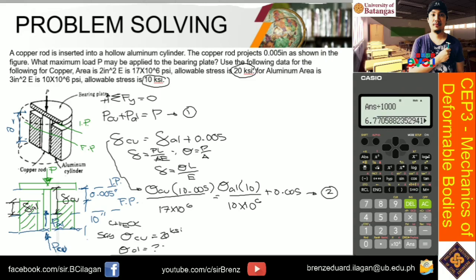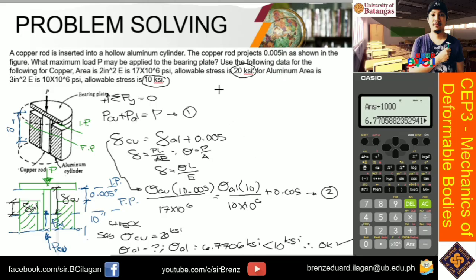Okay, so the answer for aluminum will be equals to 6.7706 KSI. So ano yung answer natin? Okay, so nagkataon tama agad yung ating na-assume. So that is less than 10 KSI. Therefore, this is okay.